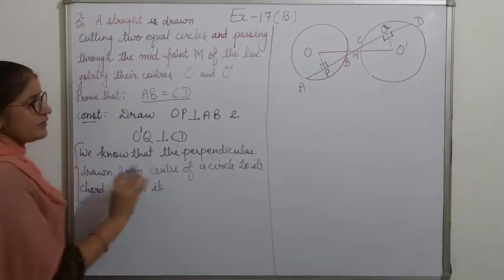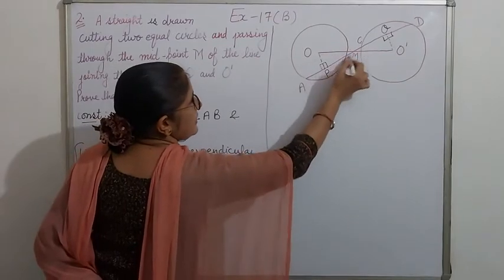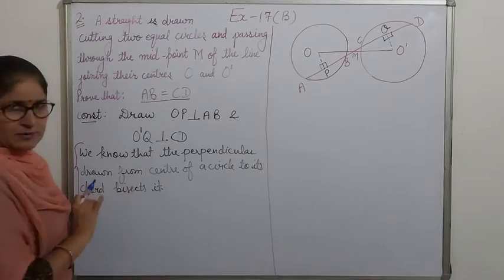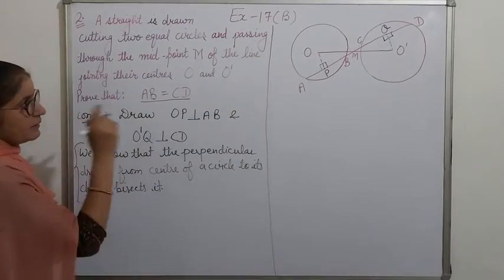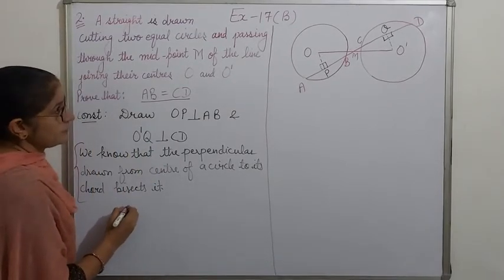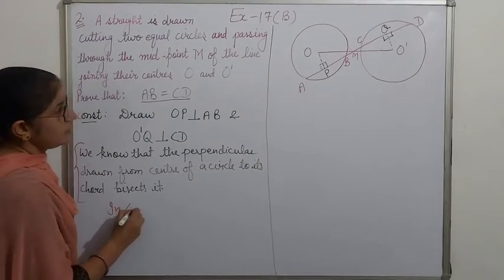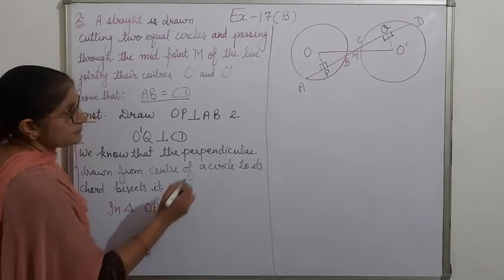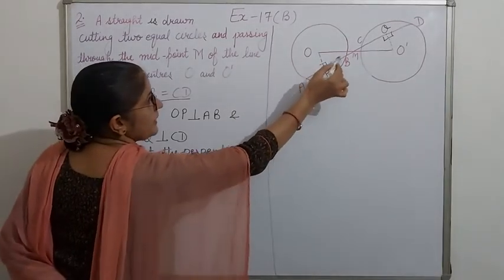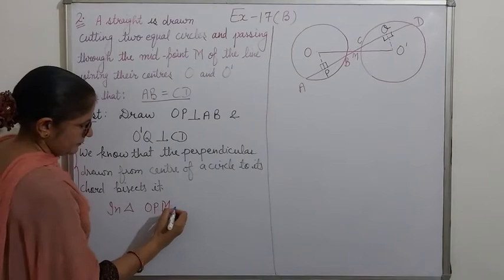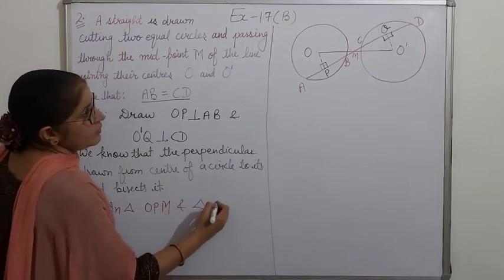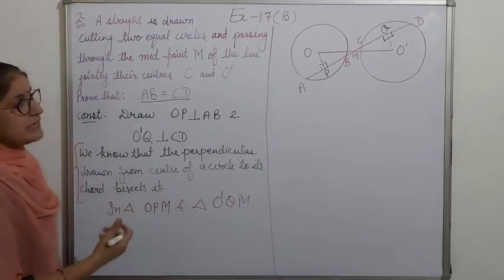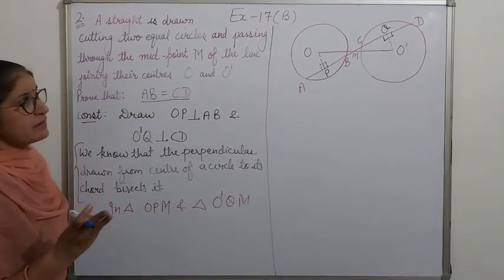But before that, we take these two triangles and make them congruent. Then we will see whether it is applicable or not. Here, in triangle OPM and triangle O dash QM, to make them congruent you have to take at least three things.